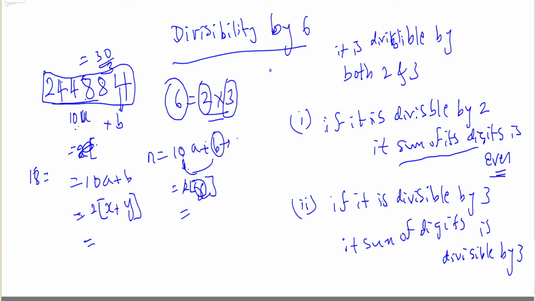Because if it is divisible by 2 and 3, it is divisible by 6. The simple reason is 6 can be written as 2 into 3. For example, I can say 18 divided by 6, that is 18 divided by 2 into 3.